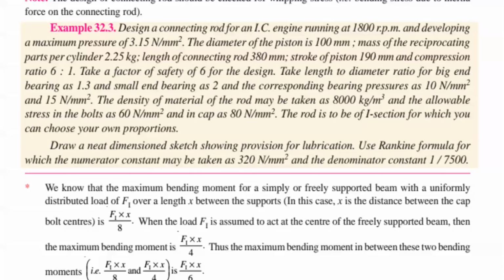The thing is, choose your own proportions. I already explained that you will have such a problem in your examination. I already mentioned the same thing in your previous class also. You can choose your own dimensions for this particular I section. It is difficult for you, so please remember these standard dimensions.